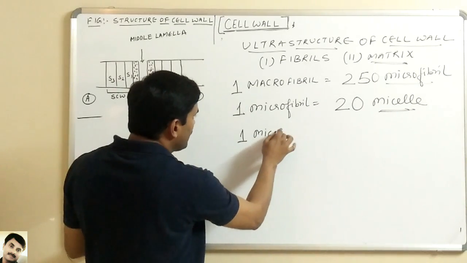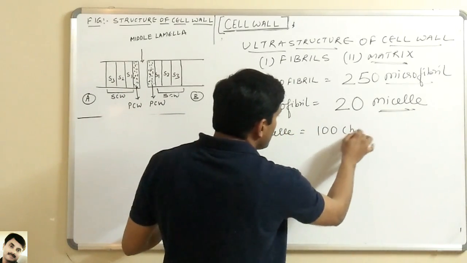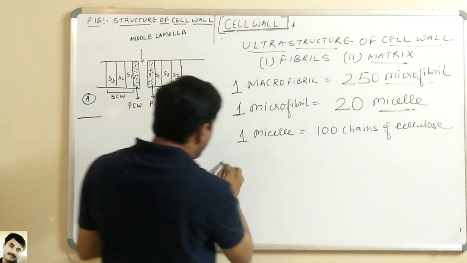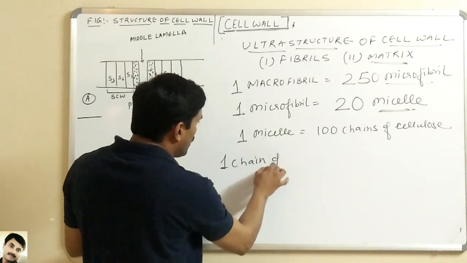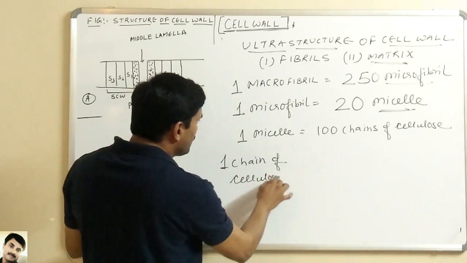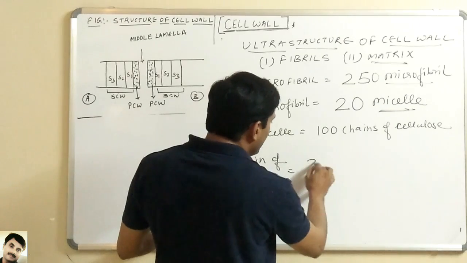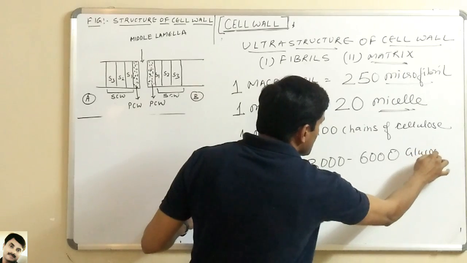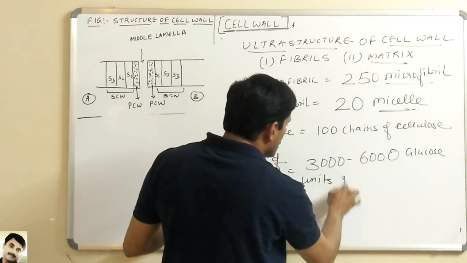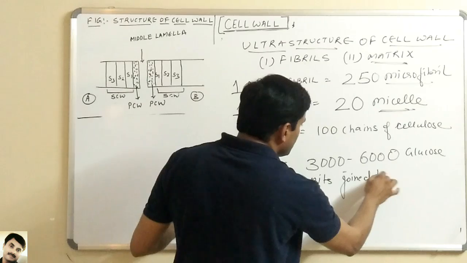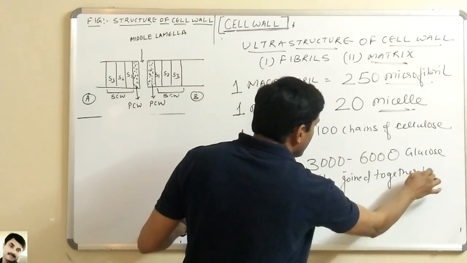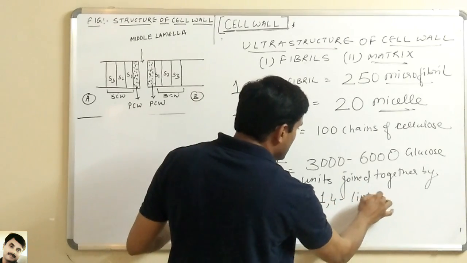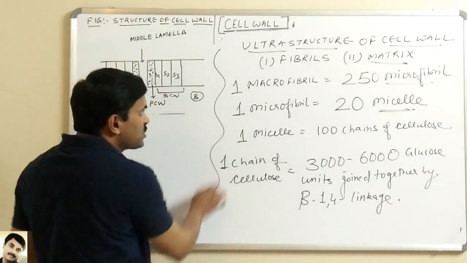One micelle is made of 100 chains of cellulose, and one chain of cellulose is made of at least 3000 to 6000 glucose units joined together by beta 1,4 linkage. This is the ultrastructure of the cell wall.